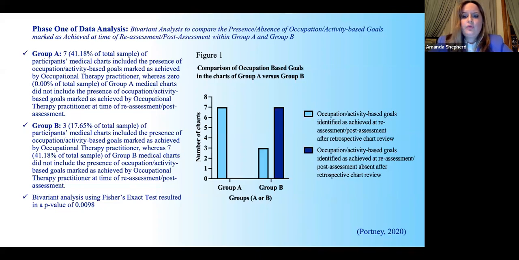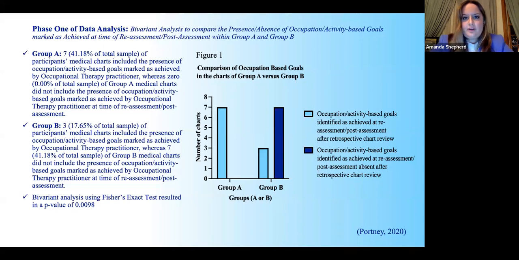So for Group A specifically, 7 of Group A, or about 41.82% of the total sample, did have occupation-based goals marked as achieved at the end of their plan of care at reassessment or post-assessment, whereas in Group B, 3, or about 17.65% of the total sample of medical charts, included the presence of occupation-based goals marked as achieved, whereas 7, which represents about 41.18% of the sample, did not.